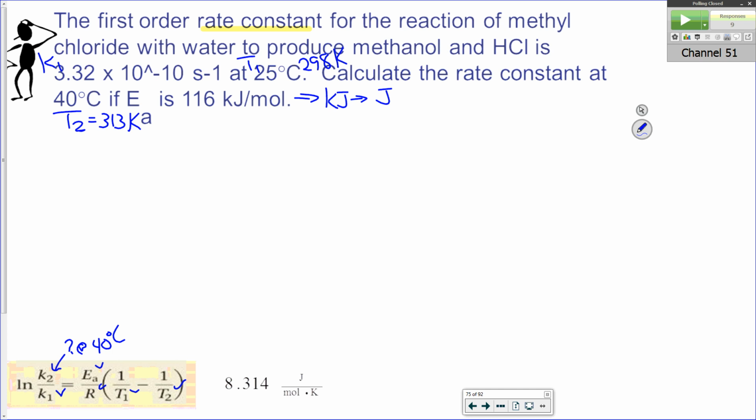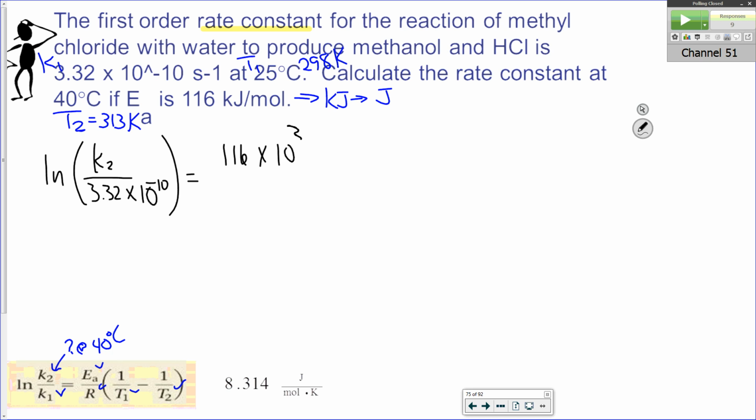Let's do exactly that. So I've got the natural log of K2 divided by K1, and I know what K1 is. It's 3.32 times 10 to the minus 10th. Wow, that's a small number. Times the activation energy, which is 116 times 10 to the third joules per mole.